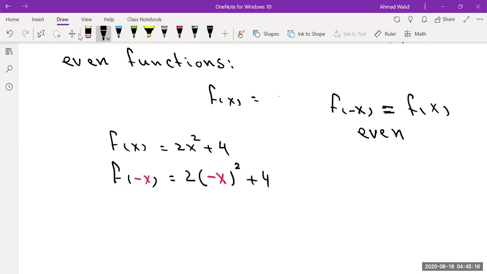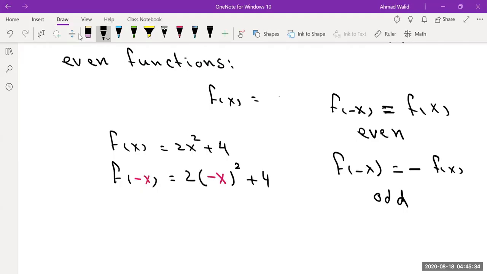And after doing this test, if f of negative x becomes equal to negative f of x, we call these functions odd functions.